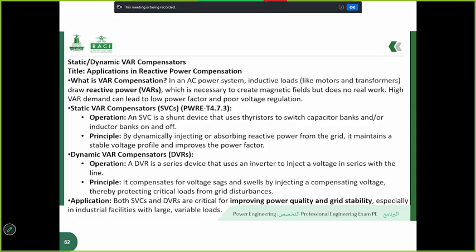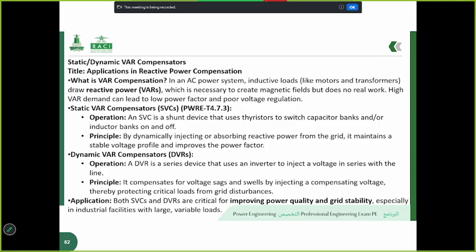A static VAR compensator or SVC is a shunt device connected in parallel with the power line. It uses thyristor controlled reactors and or thyristor switched capacitor banks to dynamically adjust the amount of reactive power drawn from or supplied to the system.